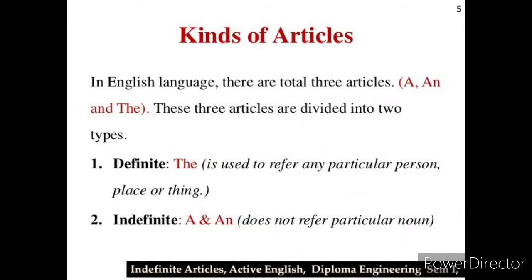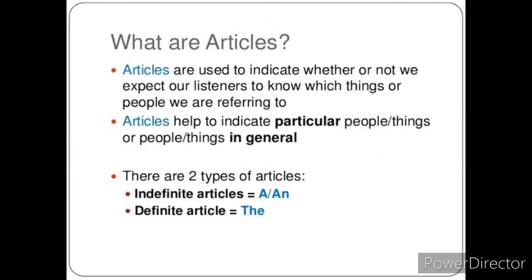First, let's know what articles are. What is meant by articles? Articles are used to indicate whether or not we expect our listener to know which thing or people we are referring to. That is known as article, children.